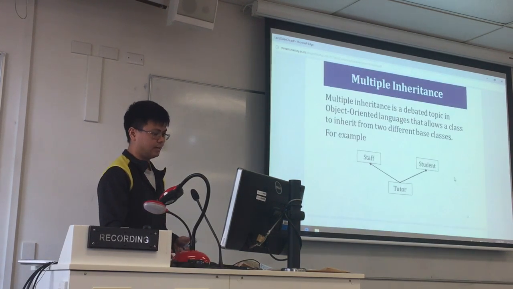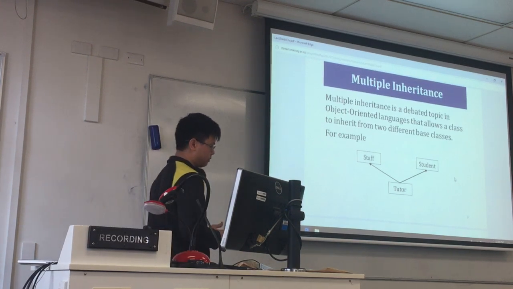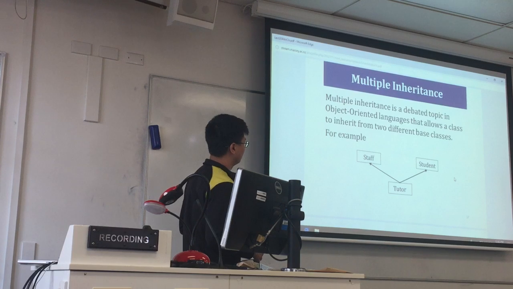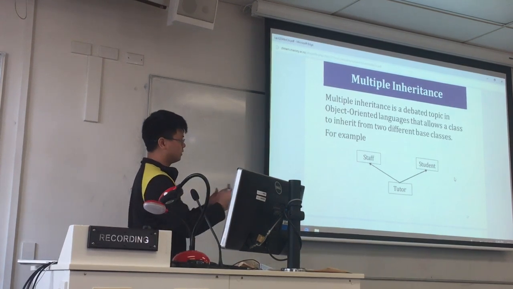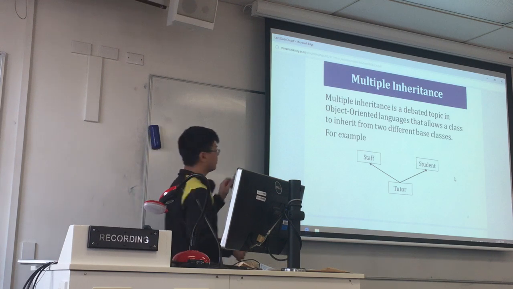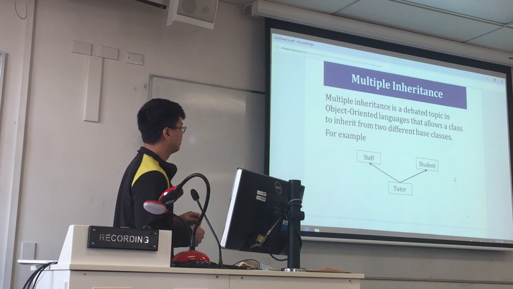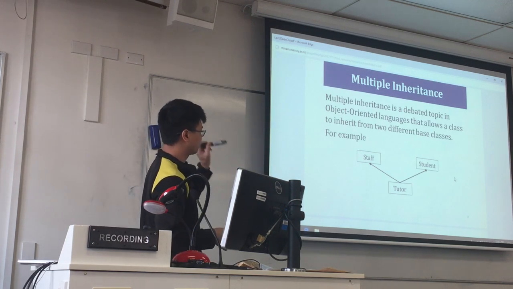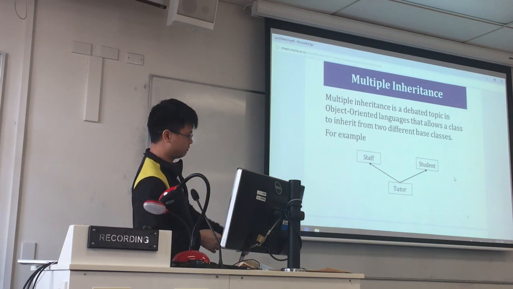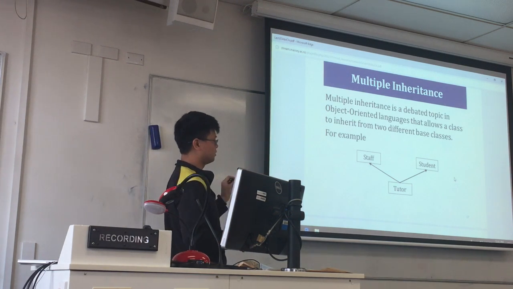However, in C++ there is no clear precedence of which one should be prioritized. Let's say in staff and student you implement the same function with the same signature. In staff you have the function goToUni, and in student you also have the same function goToUni.